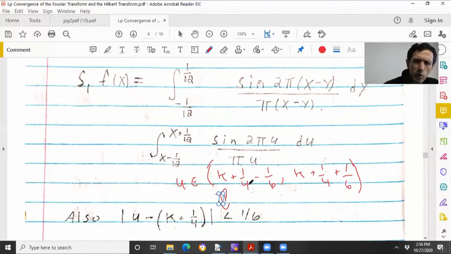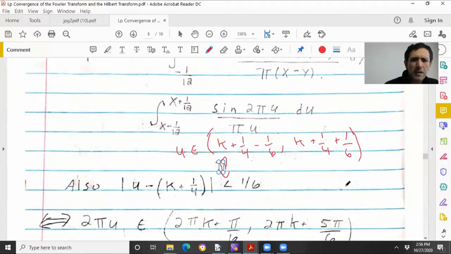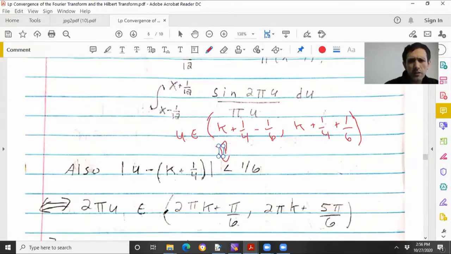Let's see, 3/12 minus 2/12 it's k plus 1/12, and 3/12 plus 2/12 is 5/12, so k plus 5/12. So multiply everything by 2 pi. 2 pi u is going to be in this interval here.